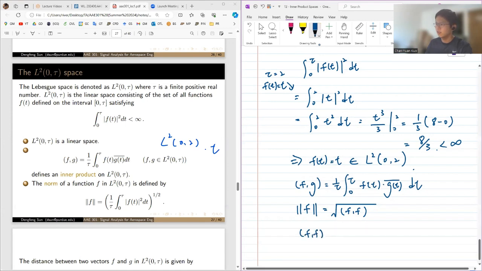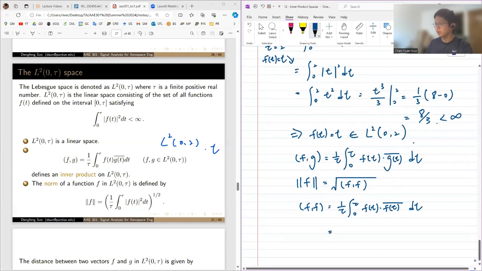The inner product of f and itself is 1 over tau, integration from 0 to tau, of f(t) multiplied by the complex conjugate of f(t) dt. Because f(t) is a complex number, when you have a complex number multiplied by its complex conjugate, what you get is the square of the absolute value of the complex number.